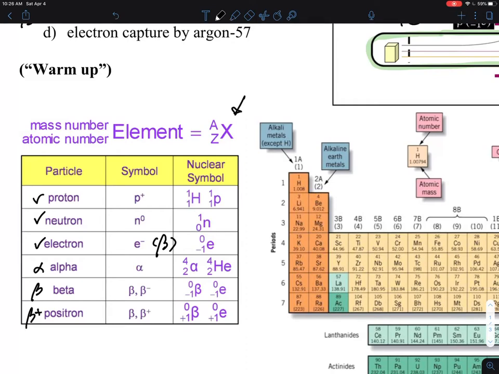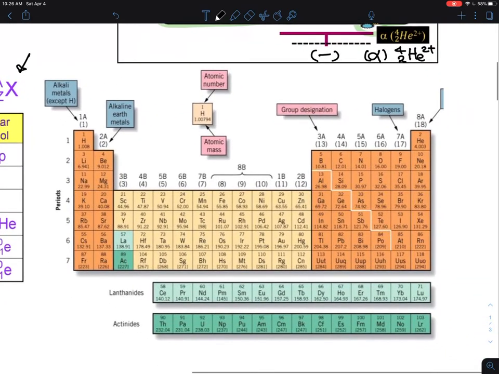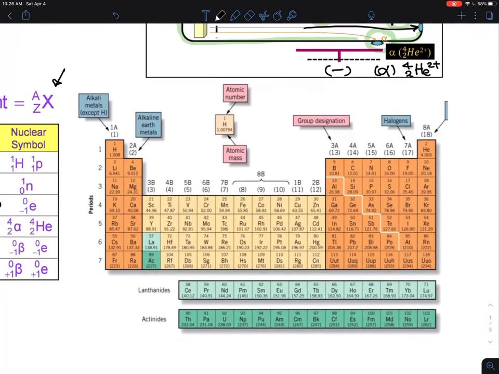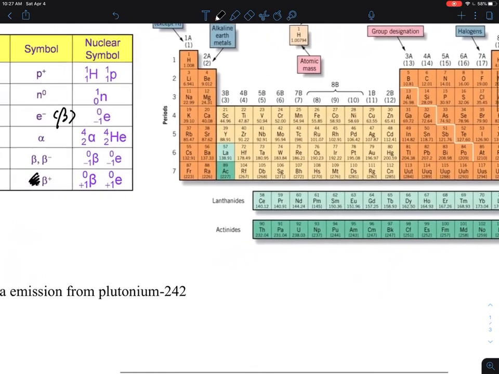So that's the number. Beta positron means beta plus. Then this periodic table we're going to use quite a lot. So let's get on to the problem and solve it one by one.